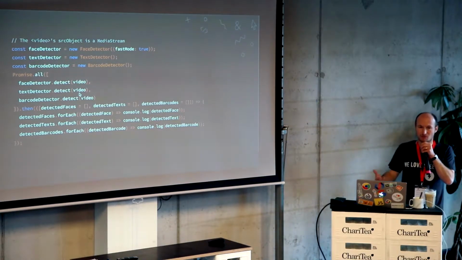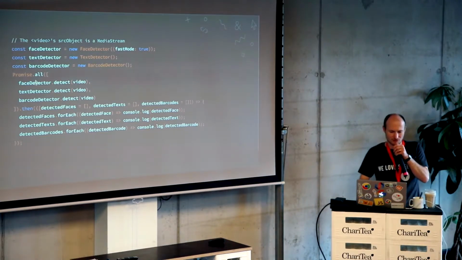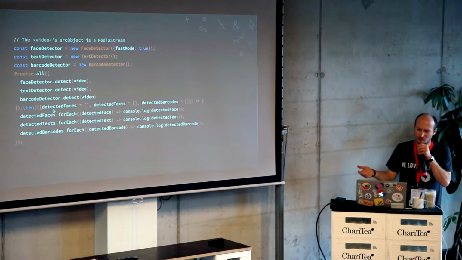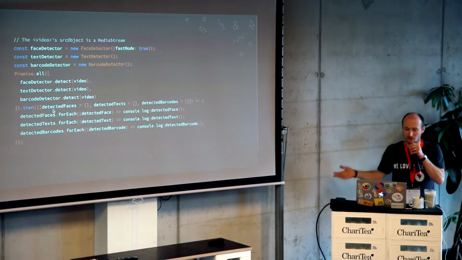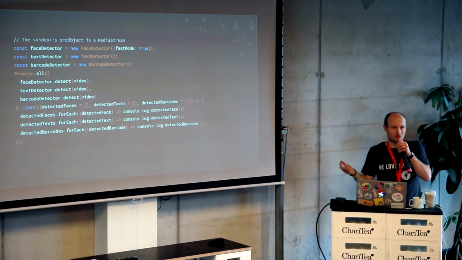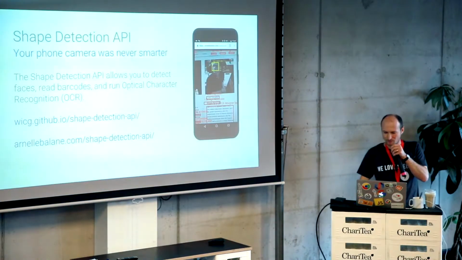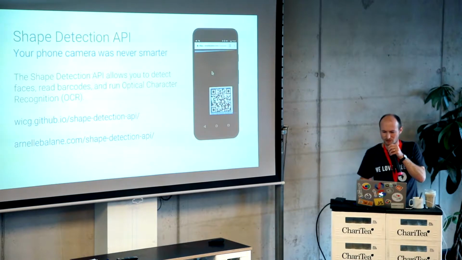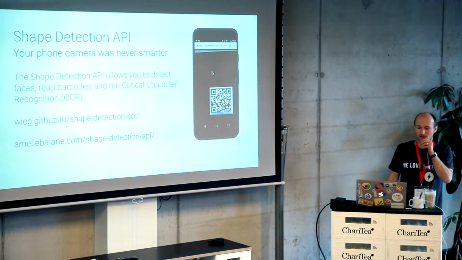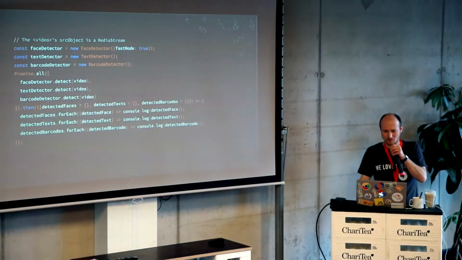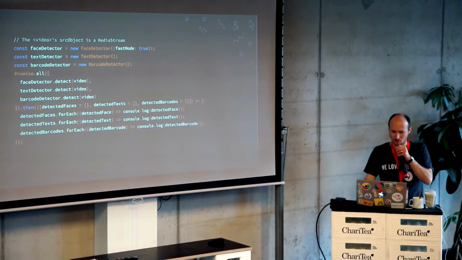And it's a promise-based API, so you can actually just do this in parallel. And then when you have the detected faces, detected text, and detected barcodes back, you can then do something with it and iterate over them and, I don't know, draw, as in the demo, little rectangles or squares around the detected areas, or obviously for text, read out the text that was detected. Super easy, super high-level API that is directly available in the browser.